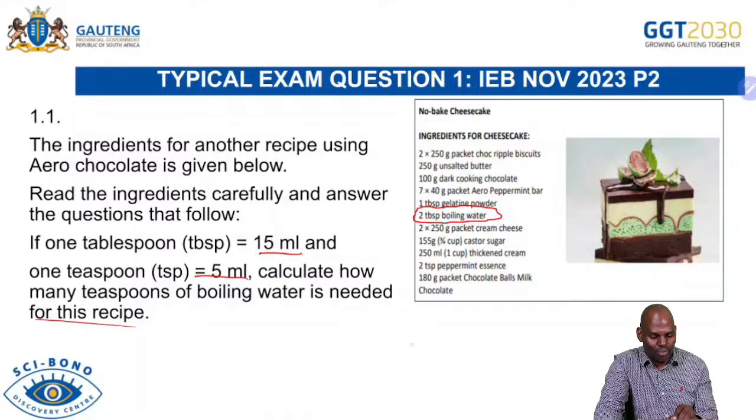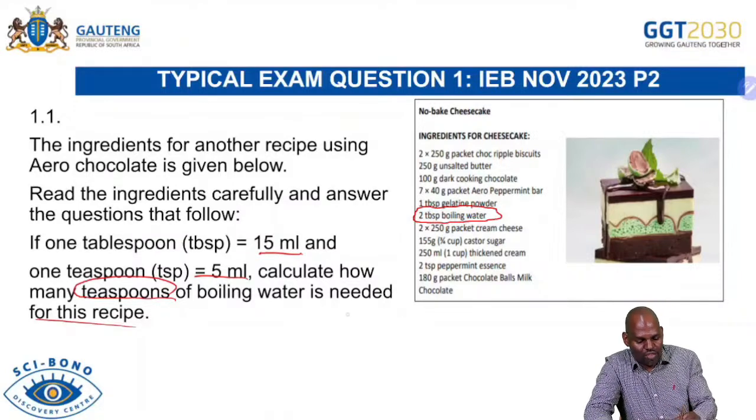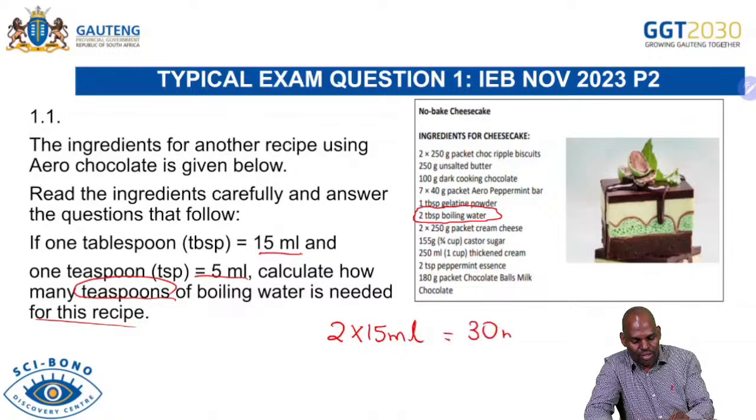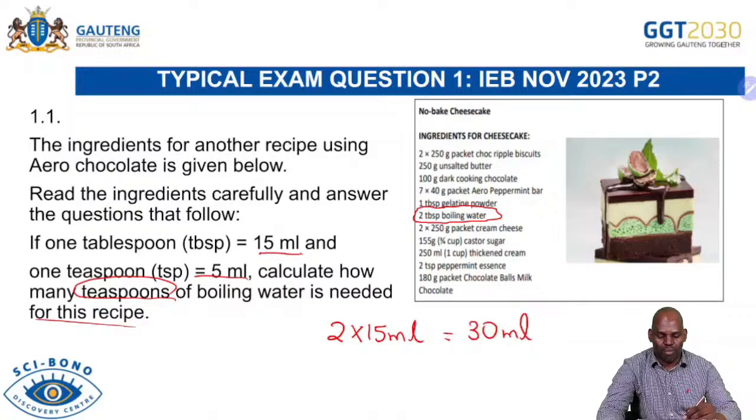Then we need to convert it to milliliters. They want to know how many teaspoons this is. First thing, 2 tablespoons will give us 2 times 15 milliliters, which is 30 milliliters.